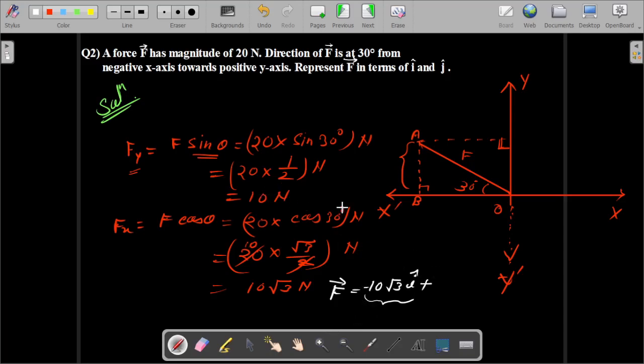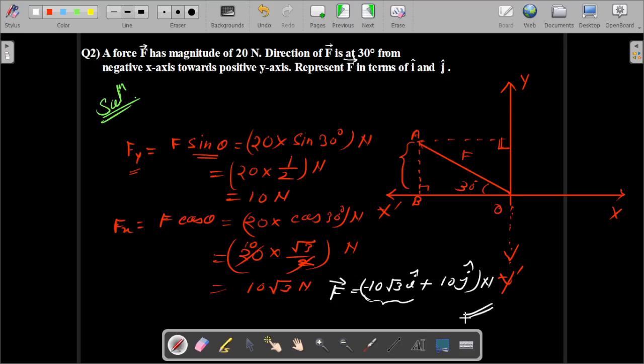And the other is positive, in the positive y direction, that is 10 Newton. You have to write this Newton.